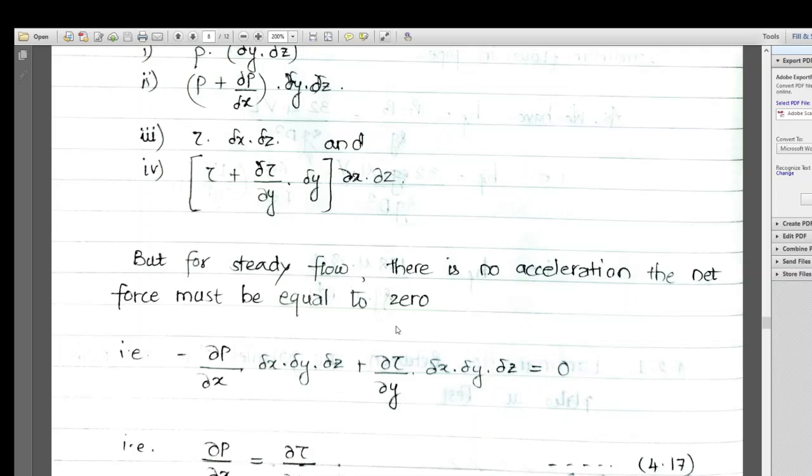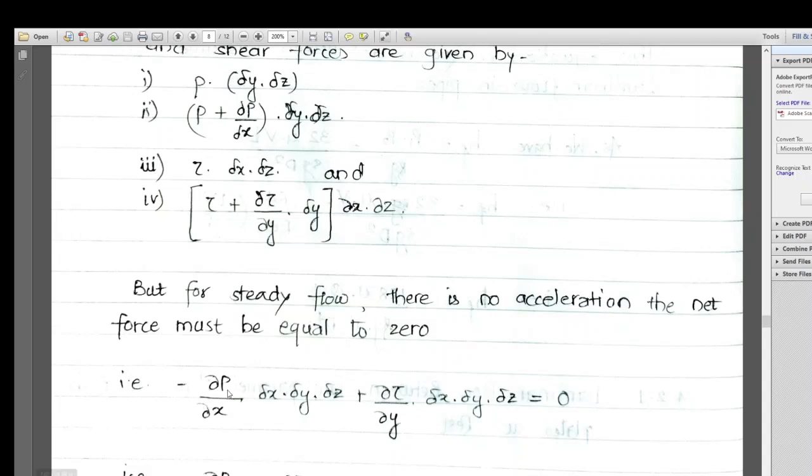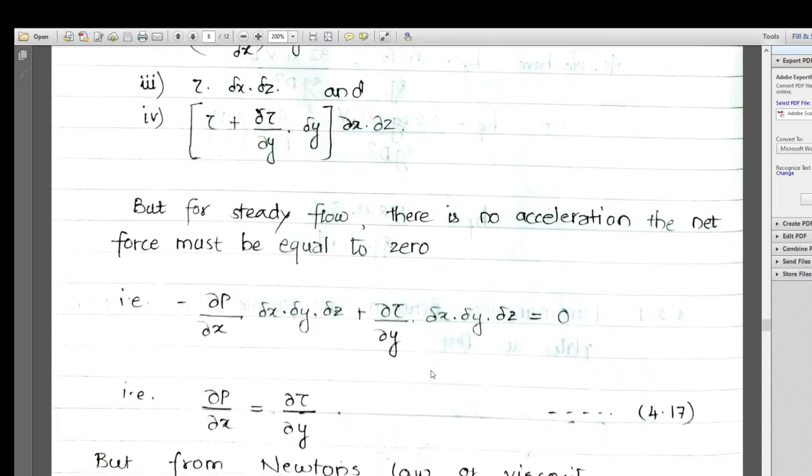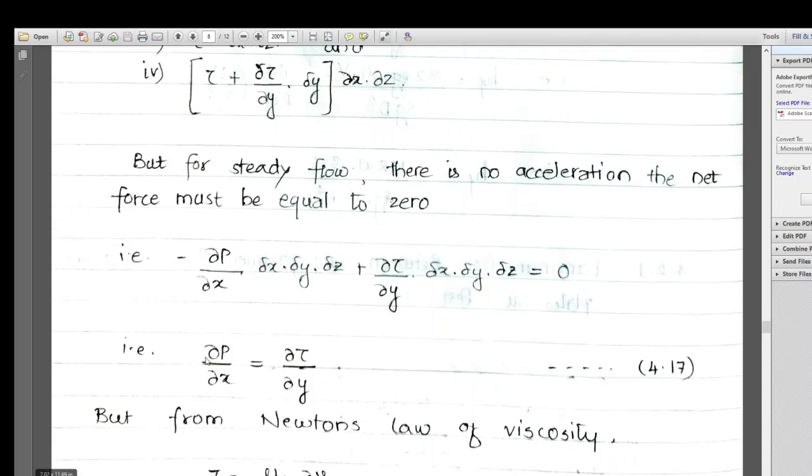So the net forces will be minus delta p by delta x into delta y delta z plus delta tau by delta y into delta x delta y delta z is equal to 0. This expression we will get when net forces are equal to 0. Now this term is common. So delta p by delta x is equal to delta tau by delta y. Okay, we will get this expression.